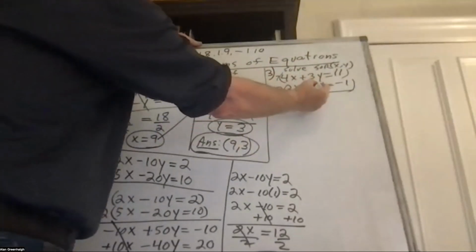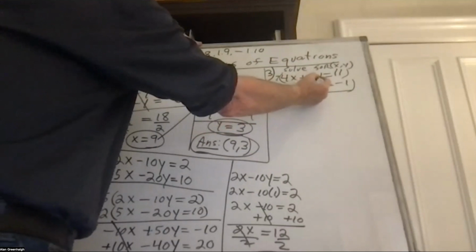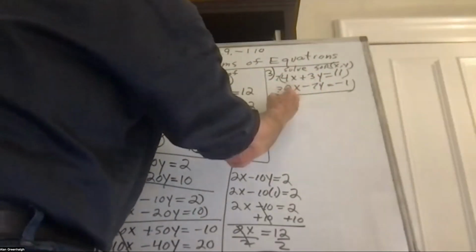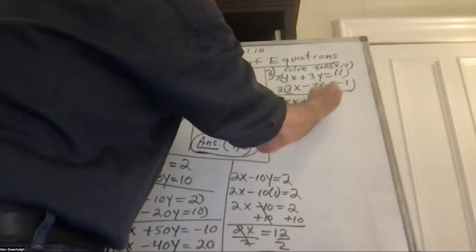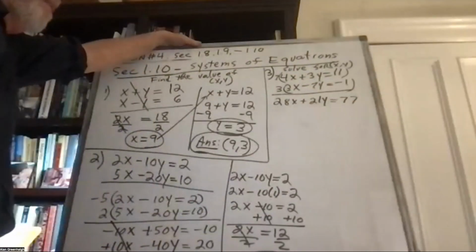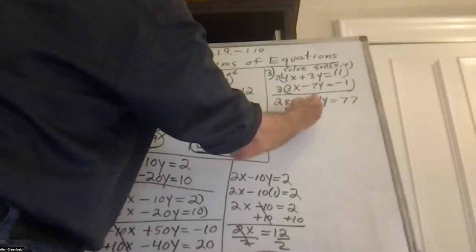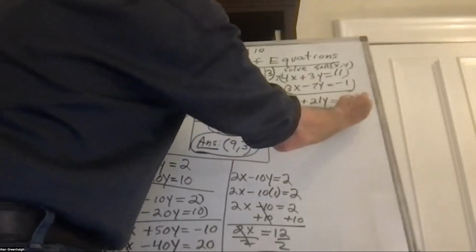In other words, I took the 7 from here, I put it up here, I took the 3 from here, and I put it down there. And you wind up with 28x plus 21y is equal to 77. And in the second equation, 9x minus 21y equals -3.